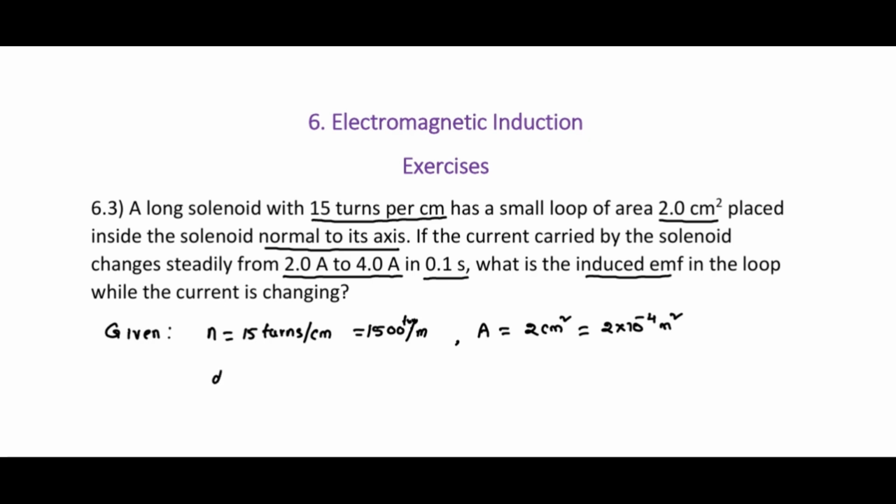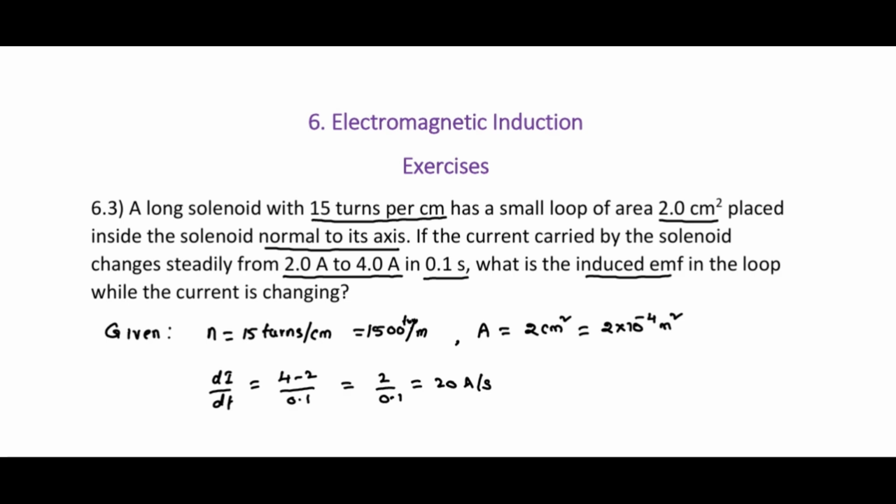That means di by dt is equal to (4 minus 2) divided by 0.1, that is equal to 2 by 0.1, that is 20 ampere per second.